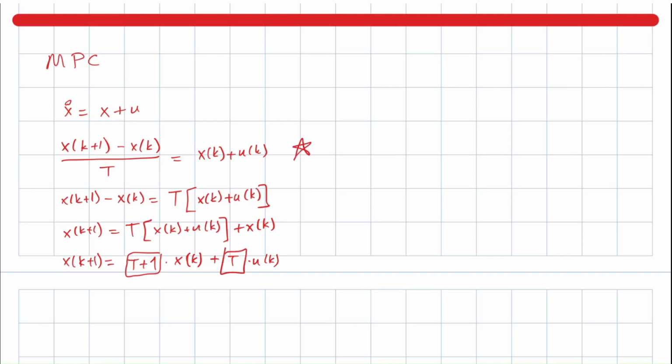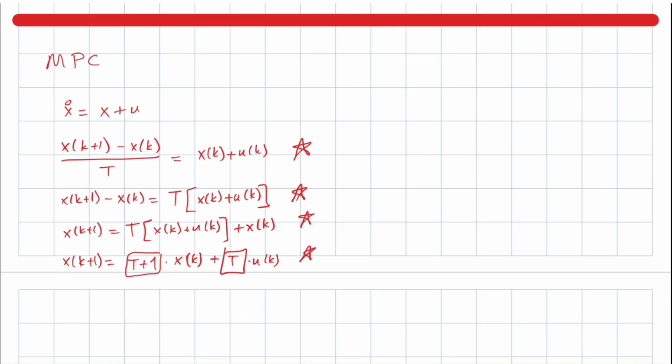By discretizing, we get this. Let's do some manipulations. Here we have this, and let's isolate x of k plus 1. We get this, and let's arrange the terms.